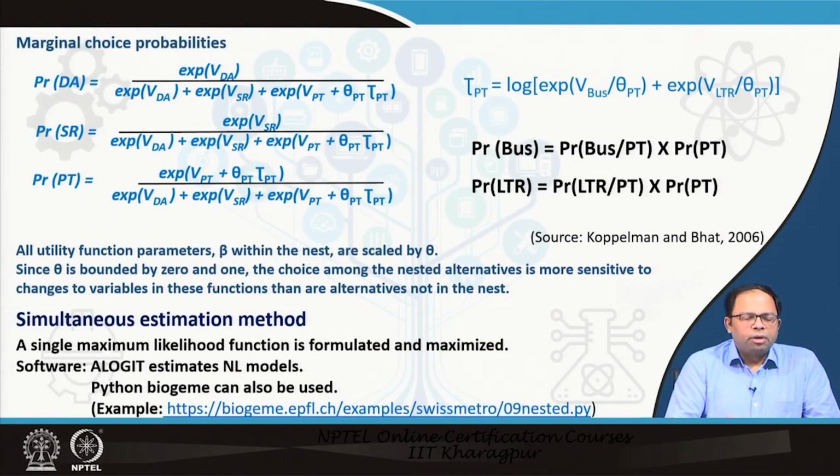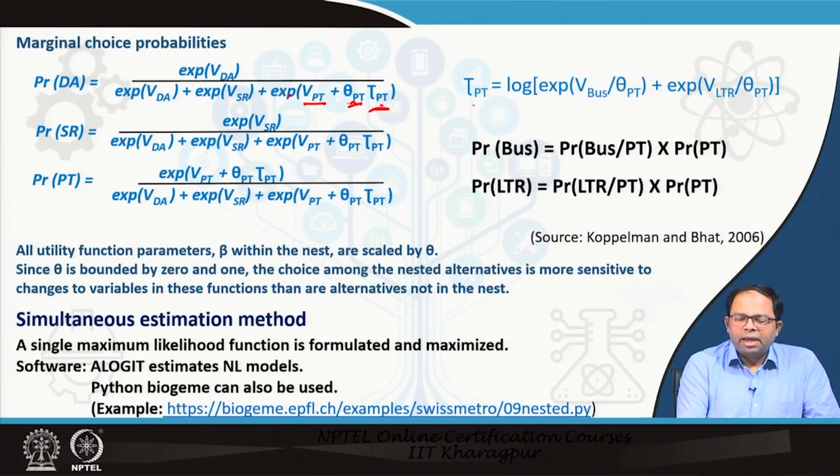Then the marginal probability for drive alone becomes exponential of V drive alone divided by exponential of V drive alone plus exponential of V shared ride plus exponential of the composite transit utility. What is composite transit utility? Composite transit utility is basically the utility of some of the common characteristics of the public transit modes, V PT, plus the log sum parameter times the log of the summation of all the alternatives in the nest.